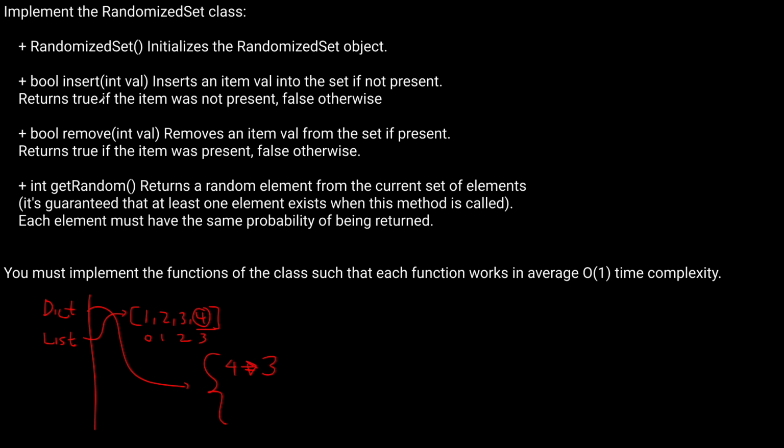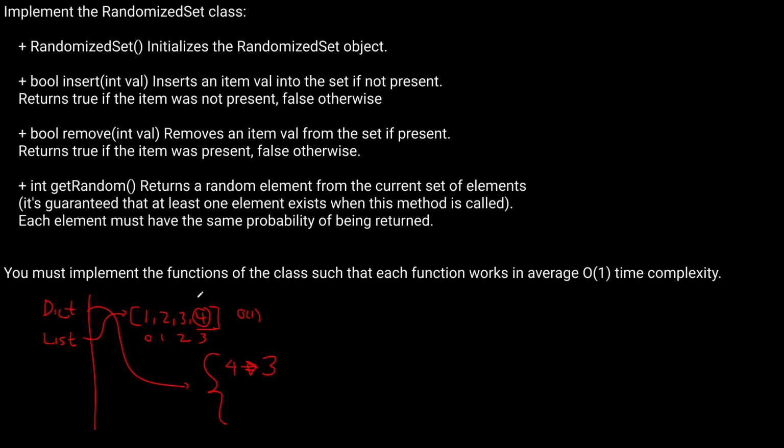So that way we can have our insertion happen in constant time, because remember, we're appending to the end of a list, which is a big O of 1 operation. Inserting it into the dictionary is also a big O of 1 operation. And if we need to remove it, all we need to do is remove it from our dictionary, and then we have to do a little bit of magic with the list to actually remove it. So we've covered how we're going to do the insertions. It's quite simple.